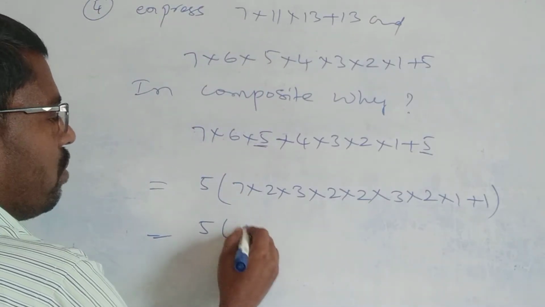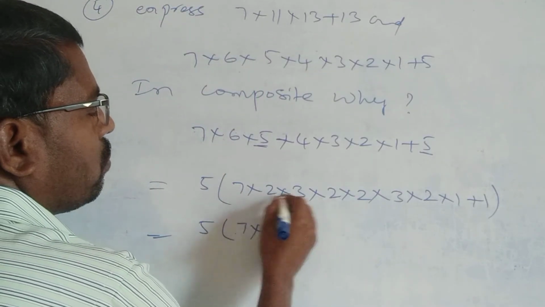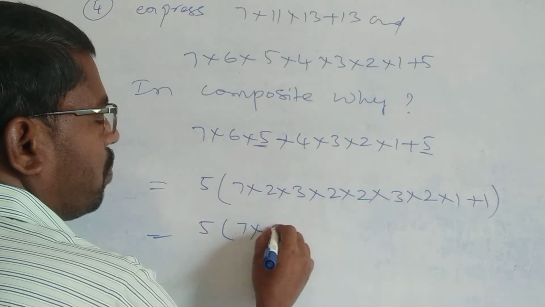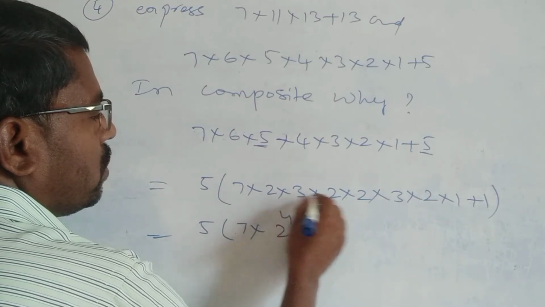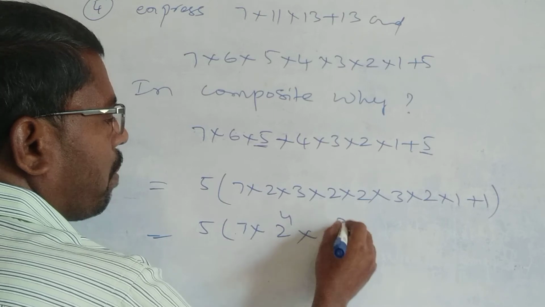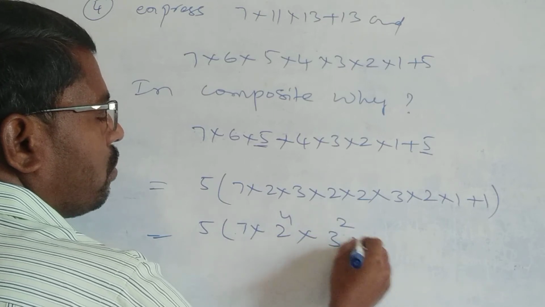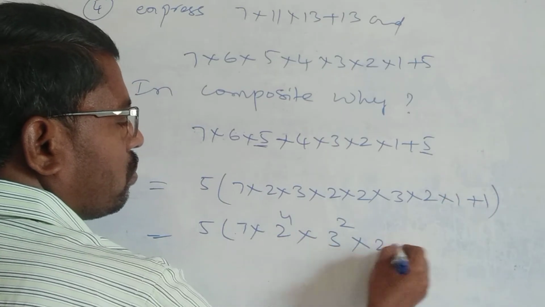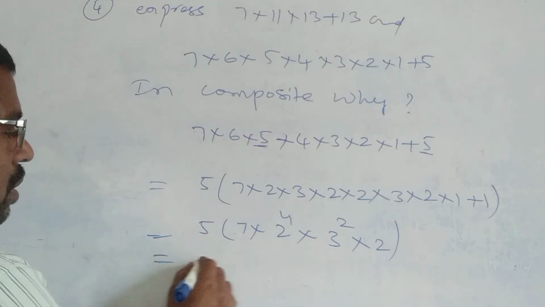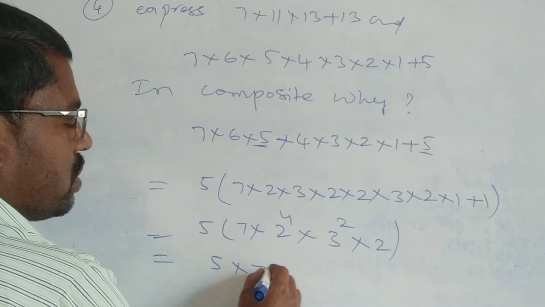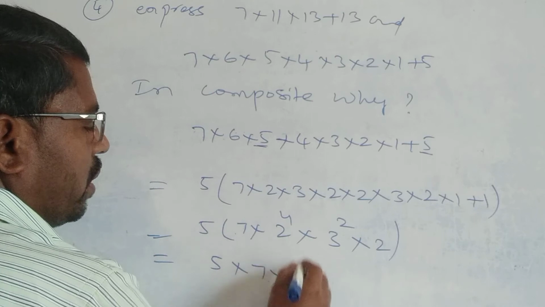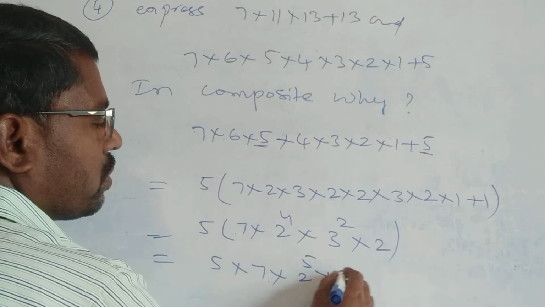That is 5 into 7 into 2 power 4 into 3 into 1 plus 1, 2. One more 2 we got here. That is 5 into 7 into 2 power 5 into 3 power 2.